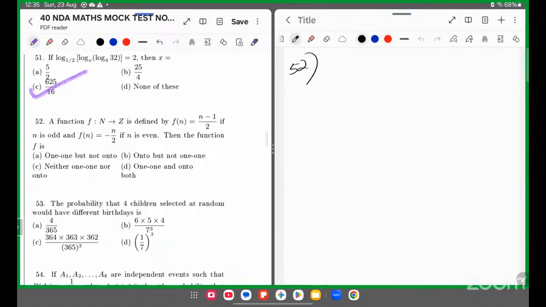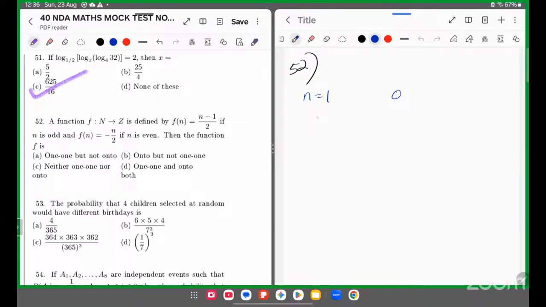52. A function defined from the natural numbers to the integers is defined by f of n equal to (n minus 1) by 2 if n is odd and f of n equal to minus n by 2 if n is even. Then the function f is. So if you put n equal to 1, it will become 1 minus 1, 0 by 2, 0.